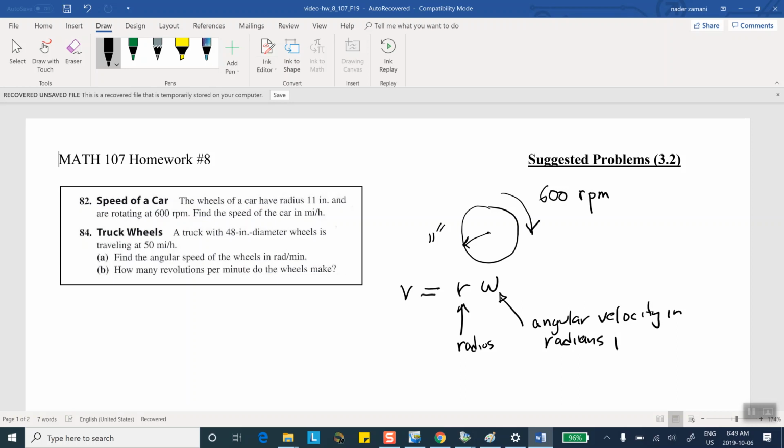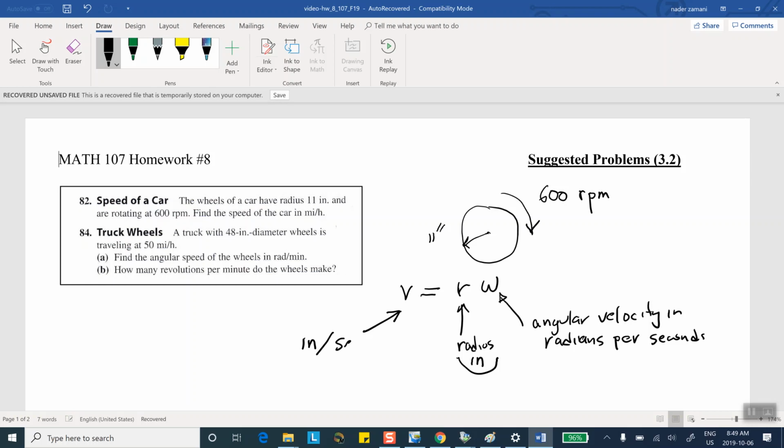Well, actually, it really doesn't matter what you put here. The velocity is going to be in terms of the units of these. For example, if the radius is in inches and this is radians per second, this answer is going to be inches per second.